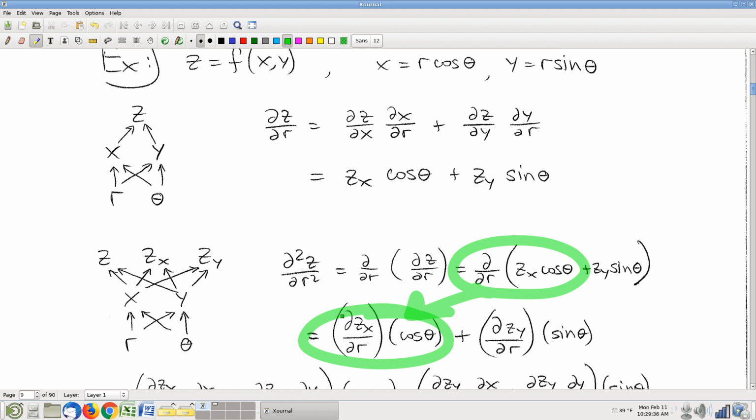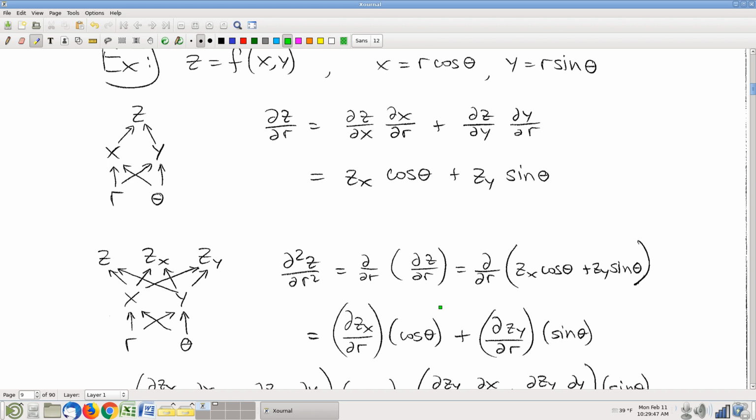So that's a great practice problem. Conveniently, I think it is a homework exercise, if I remember correctly. If it's not, I think it'd be a great exercise. I encourage you to do it. But in terms of strategy, in terms of how you append your diagram, it's the same basic thing.